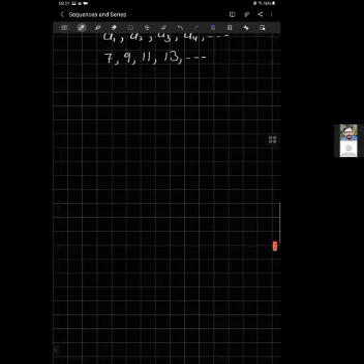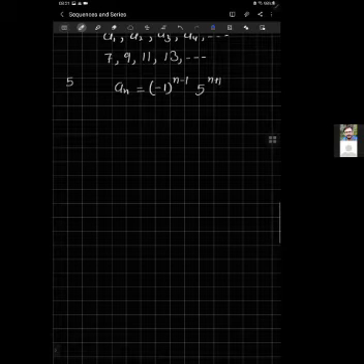Now one more question with the same manner I am going to do. This one I'm taking question number 5 from exercise 9.1. A n is equals to minus 1 to the power n minus 1, 5 to the power n plus 1.